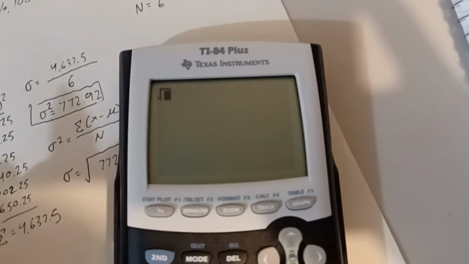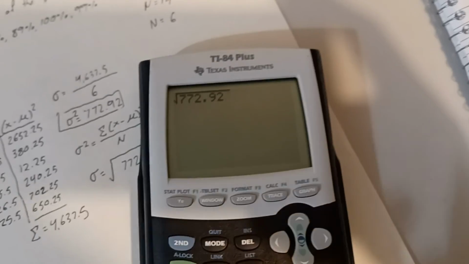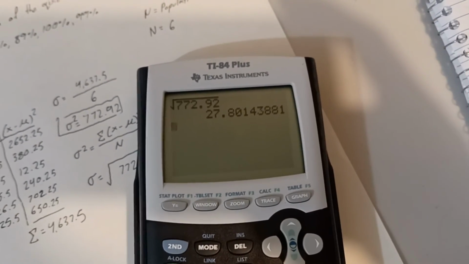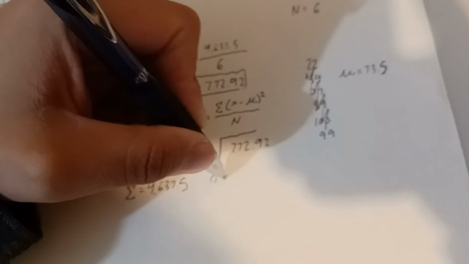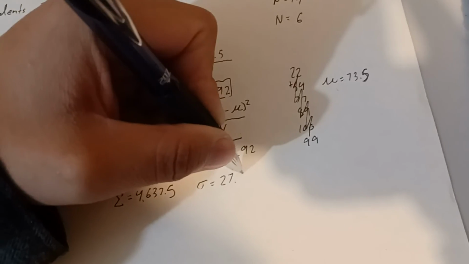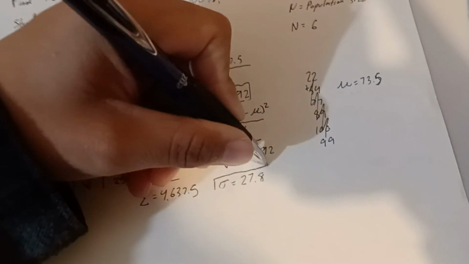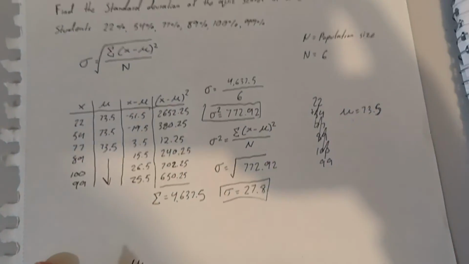So the square root of 772.92 is going to give us 27.80. Let's just say 27.8. So sigma is equal to 27.8.